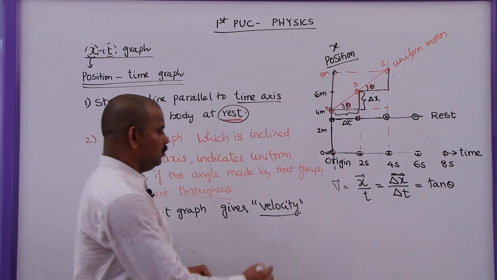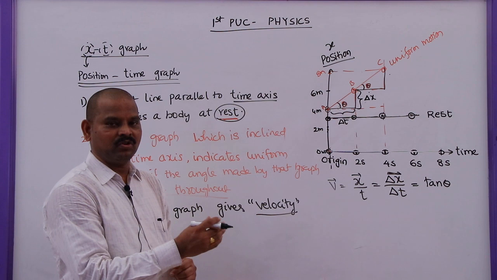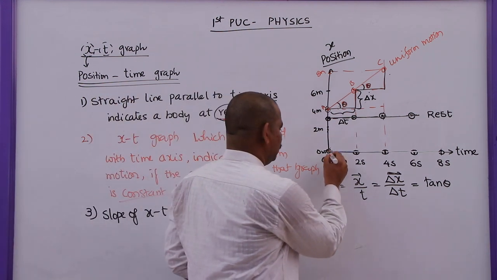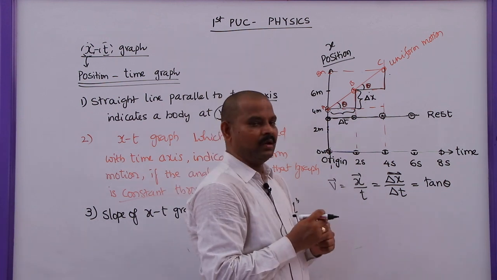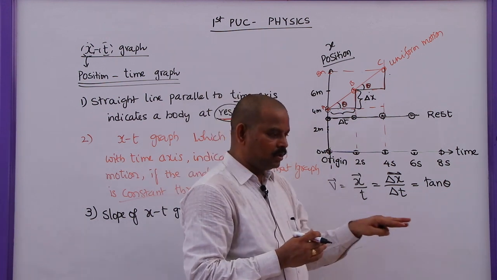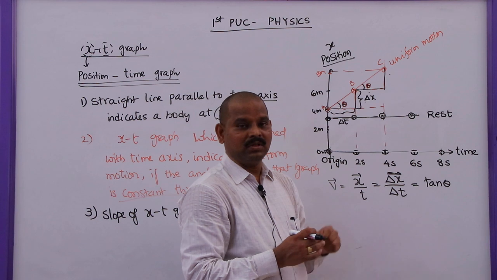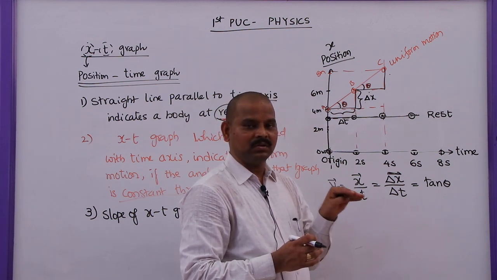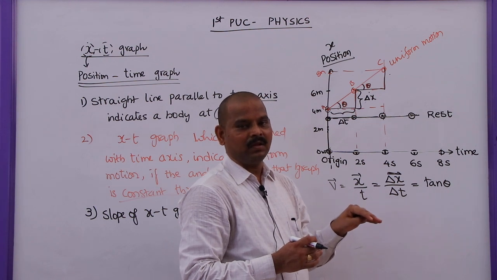Now, if you consider the motion of a train or a car, initially let us say you are in a railway station and the train is starting from the platform. So the initial velocity is 0. That means it is just starting, so velocity is slightly changing.